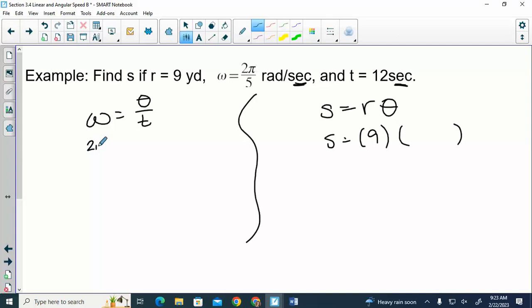So omega is 2 pi over 5 radians per second equals theta over 12 seconds. We get theta to be 24 pi over 5.